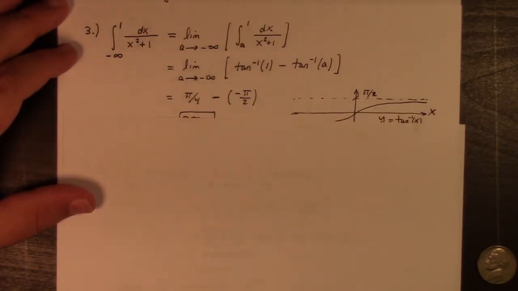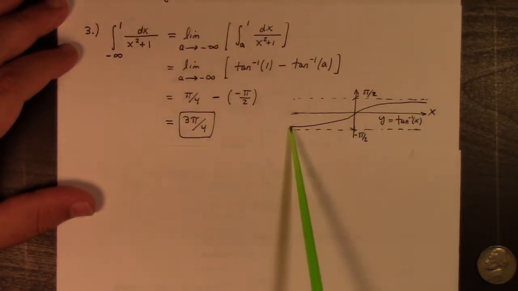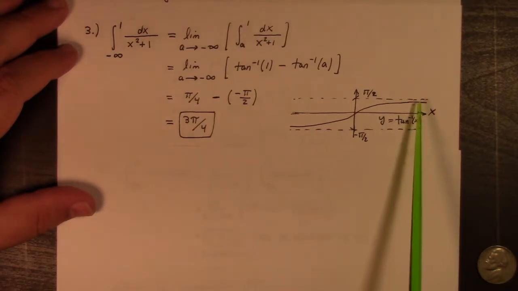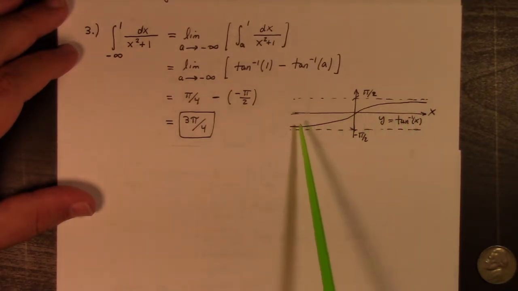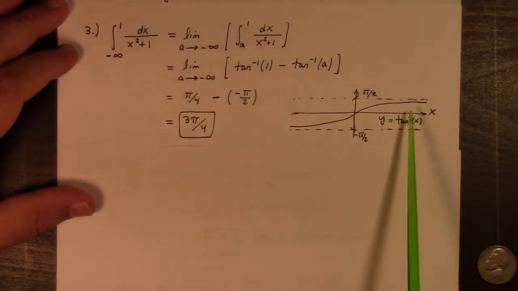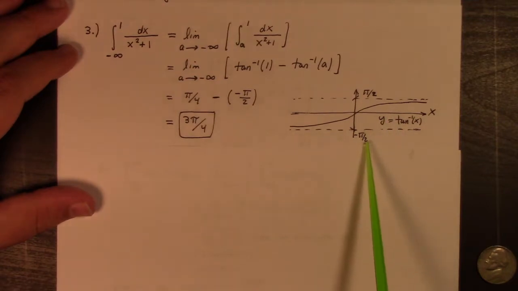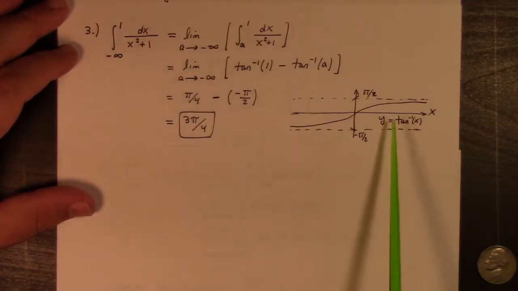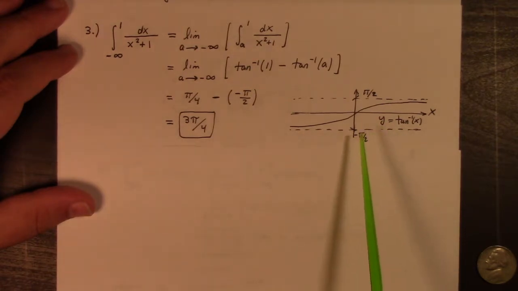Here's y. Over here is the graph of inverse tangent, right? Inverse tangent has this graph. And of course you can obtain the graph of inverse tangent from flipping the tangent graph over. The vertical asymptotes at plus or minus pi over 2 for tangent become horizontal asymptotes at plus or minus pi over 2 for inverse tangent.